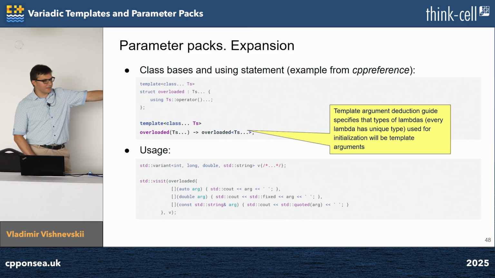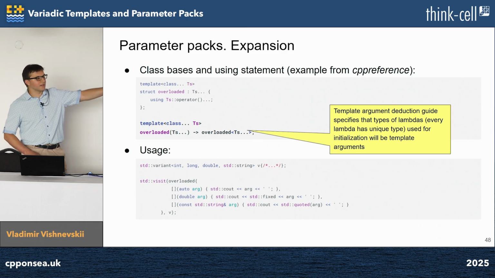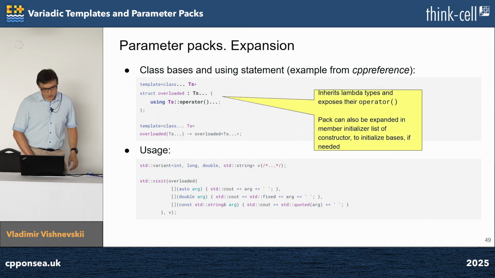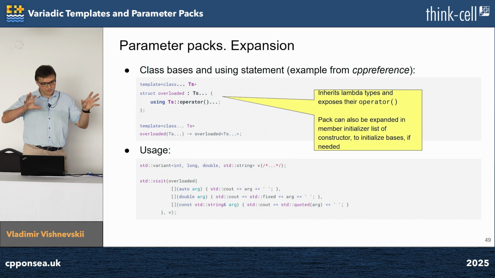This is a C++17 deduction guide that specifies that the types of the items used for initialization of this overload object will also be used as the arguments of the overload template itself. And in the implementation of overload, those types with which it was constructed are actually used as bases for this overload.